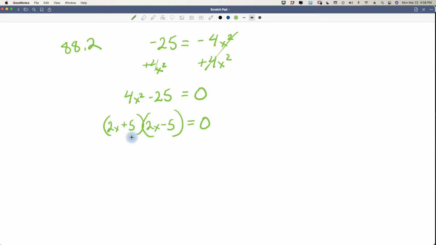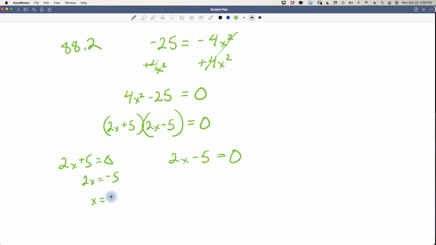So now all we have to do is split these up. 2x plus 5 could be 0. 2x minus 5 could be 0. Let's figure out which is which. So 2x equals negative 5.